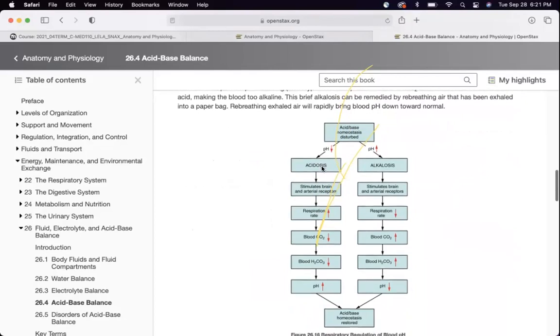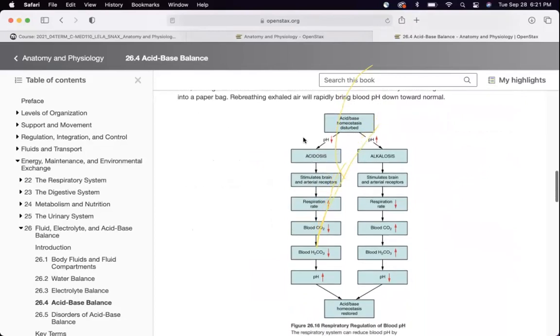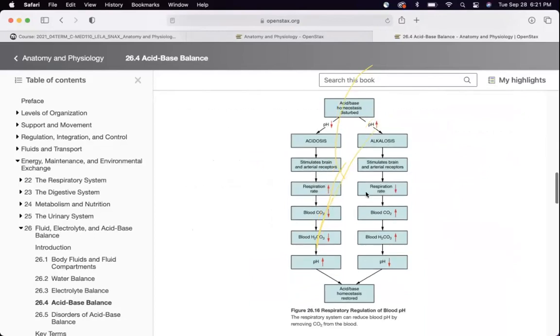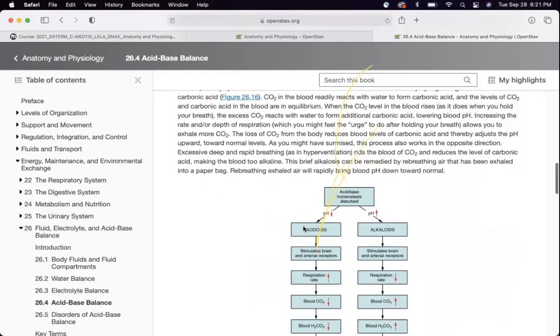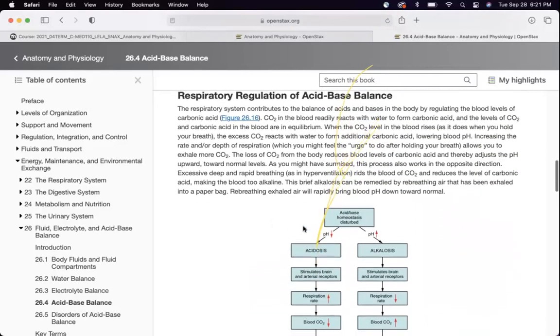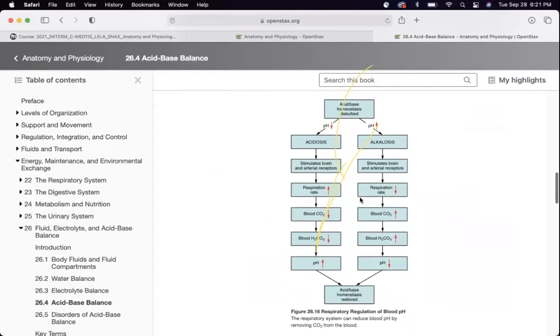Acid-base homeostasis. Now, if you have too much acid, of course, you have acidosis. Therefore, your pH is decreased. If you have alkalosis, your pH is increased. Now, this is how your lungs and your respiratory system mess with pH.